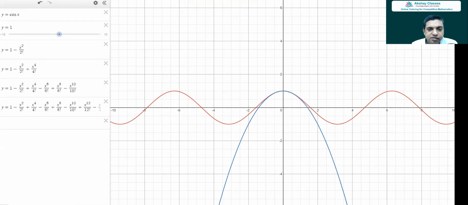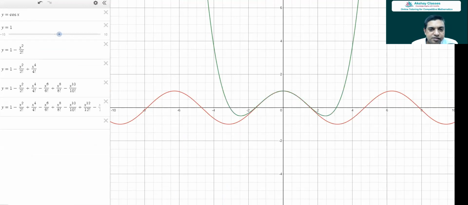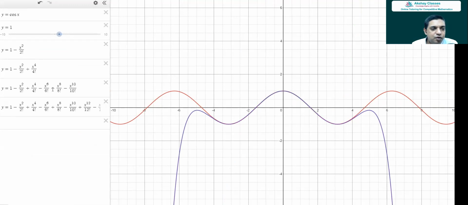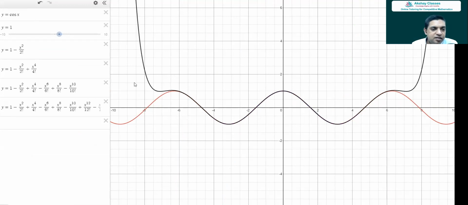Two terms of the Maclaurin series, this is the graph. Three terms, there's this much overlap. Four terms, not four, 5, 6 terms, a big overlap. And then adding another two terms, see the overlap. So for all functions, we can show it this way.